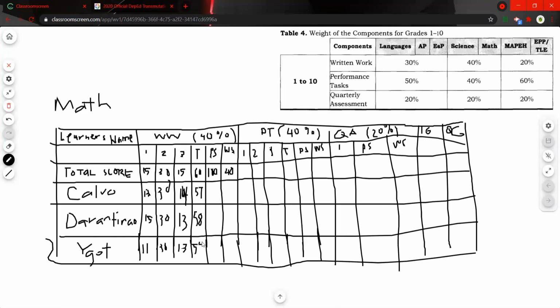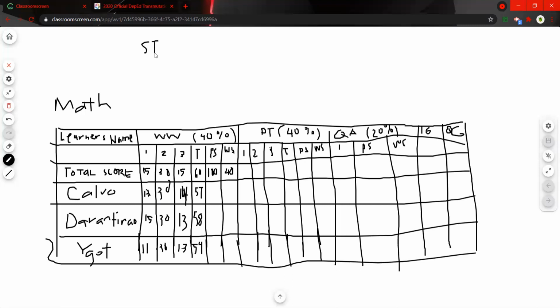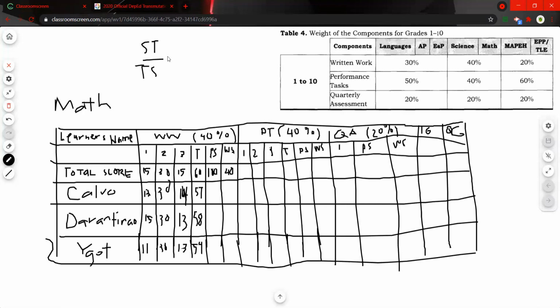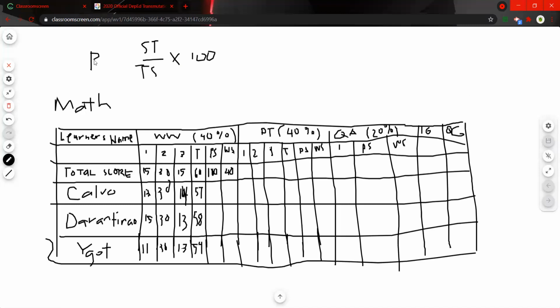Now for the percentage score, in order to find the percentage score, we need to divide the score of your student over the total score, then times 100. This is what we will use in order to find the PS or the percentage score.